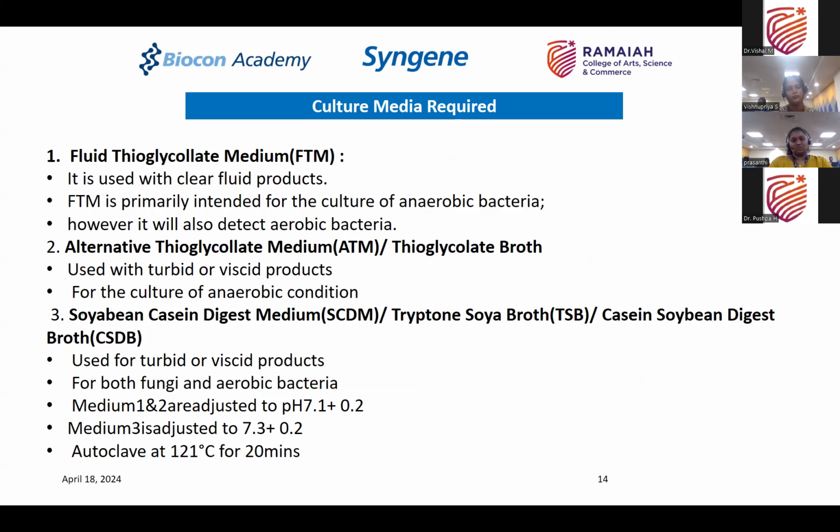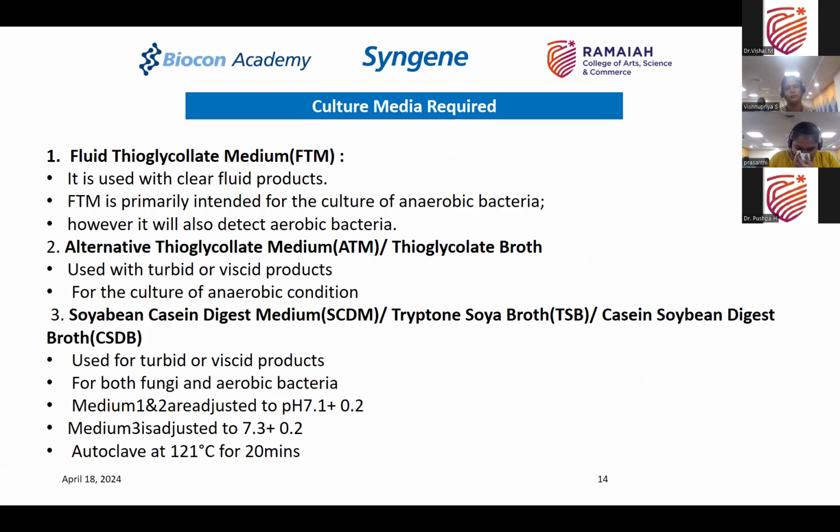But for our purposes, we need not use all the different culture media in our sterility testing. According to USP, we are going to use these three media. Please make a note of this.